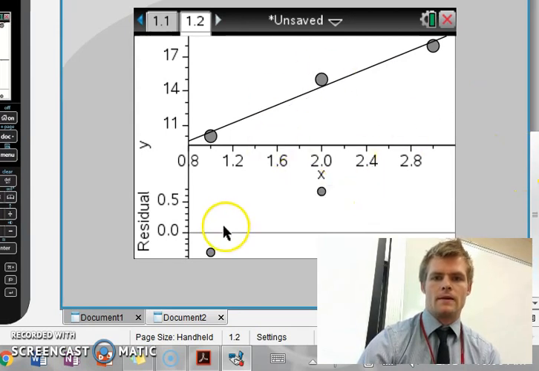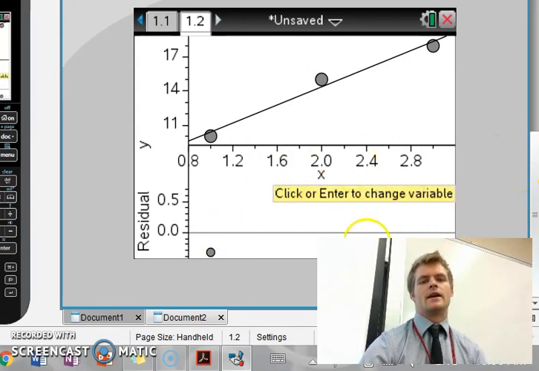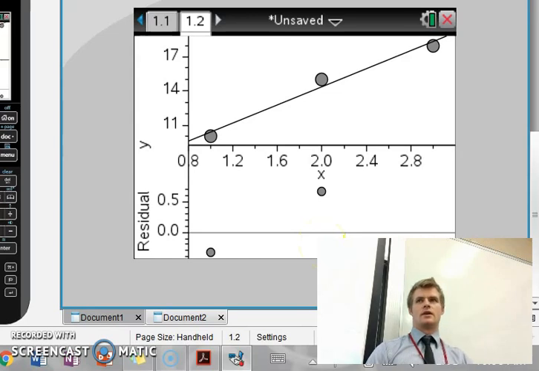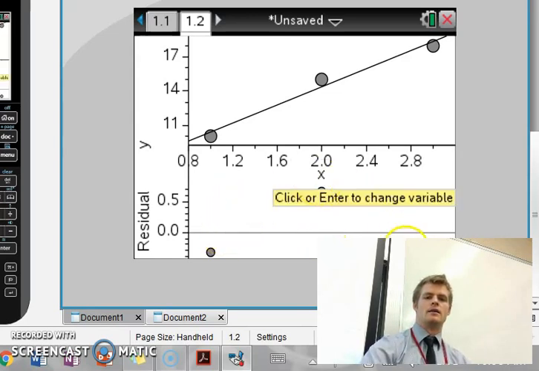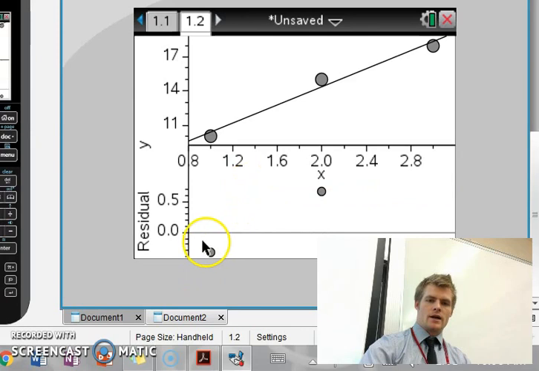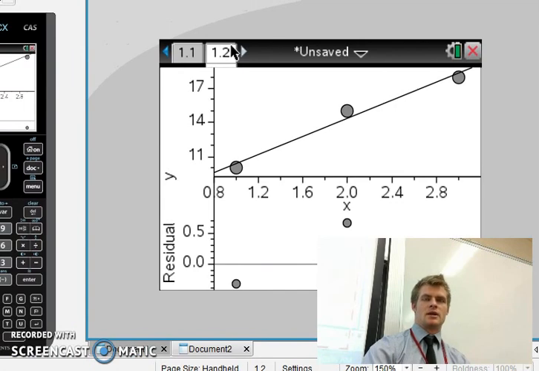This is, again, a very small data set. You're not going to get that in real examples, but if there are values randomly above and below the line and there's no clear pattern, then you say a linear relationship can be used.